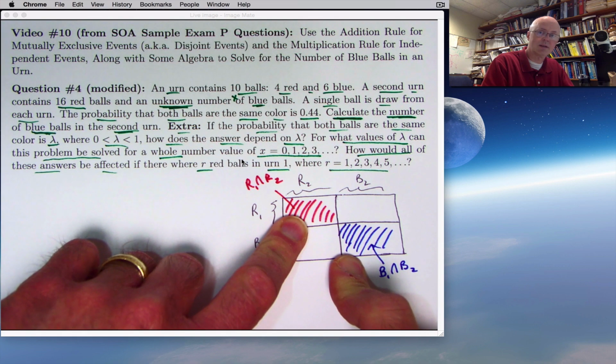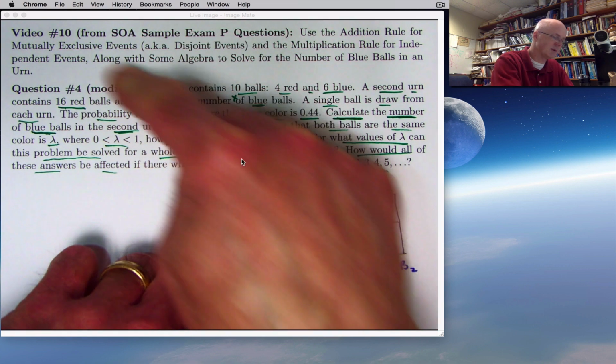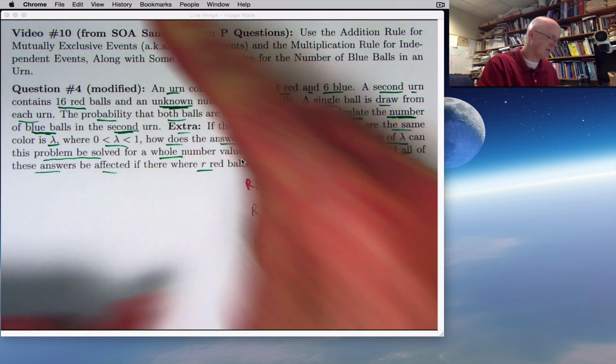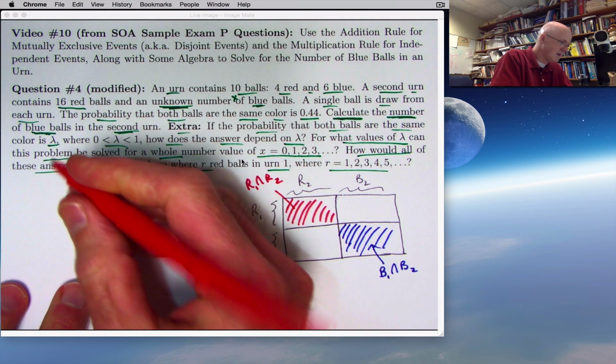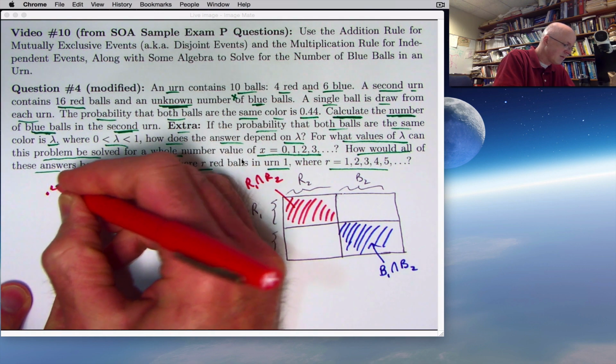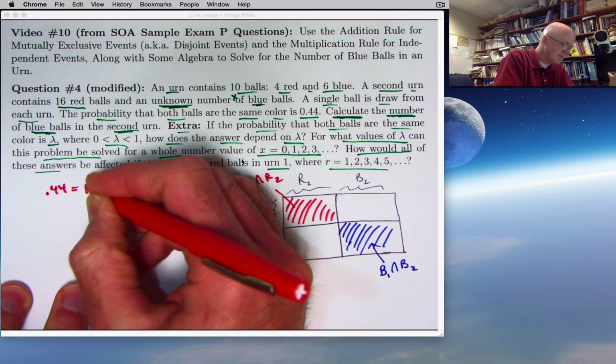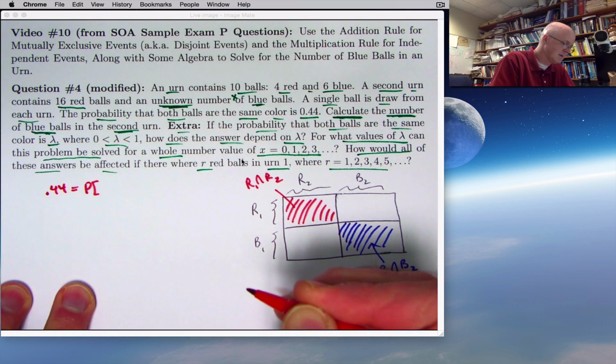We can use that special addition rule for mutually exclusive events to describe the probability that both balls are the same color. And that's what we'll do right now. 0.44 is the probability that they are the same color.